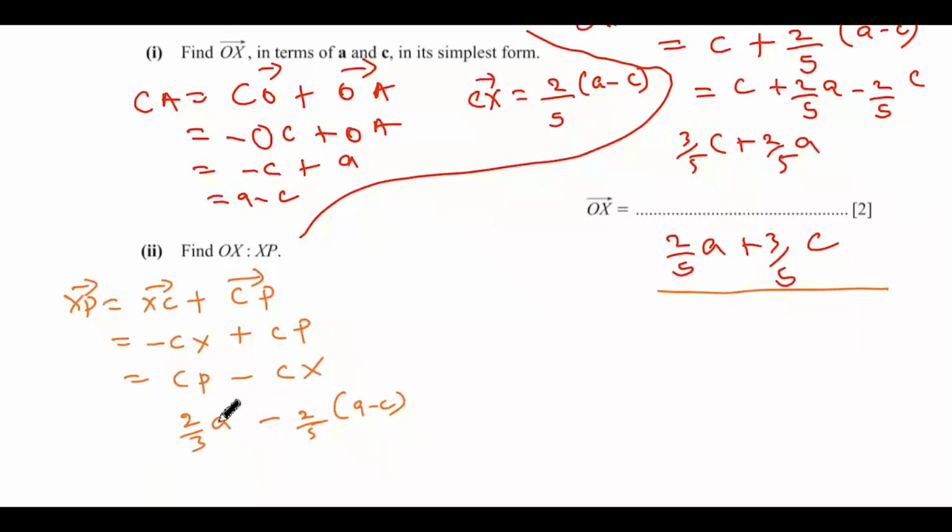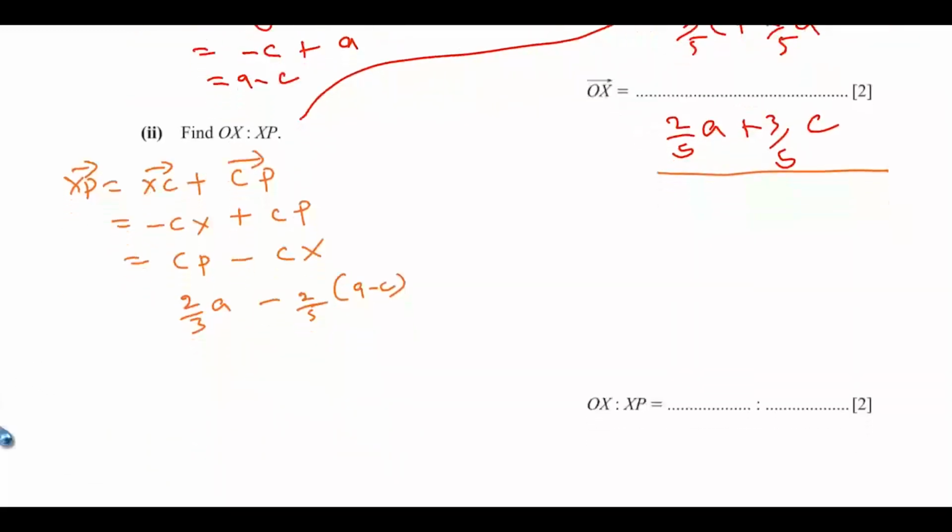So we can expand this bracket. If you do so, you will get 2 over 3 A, then minus 2 over 5 A, then plus 2 over 5 C. The A terms are similar, so you can combine them.